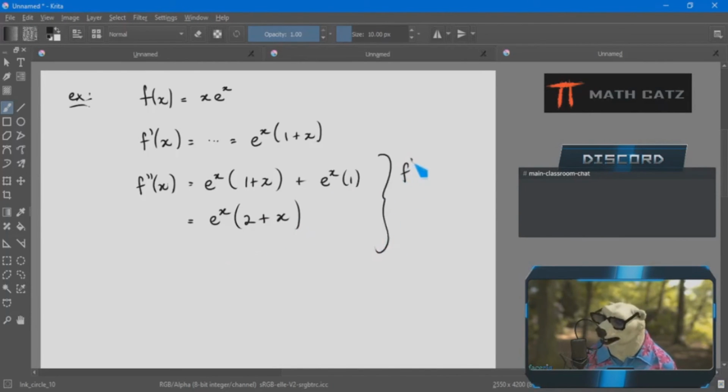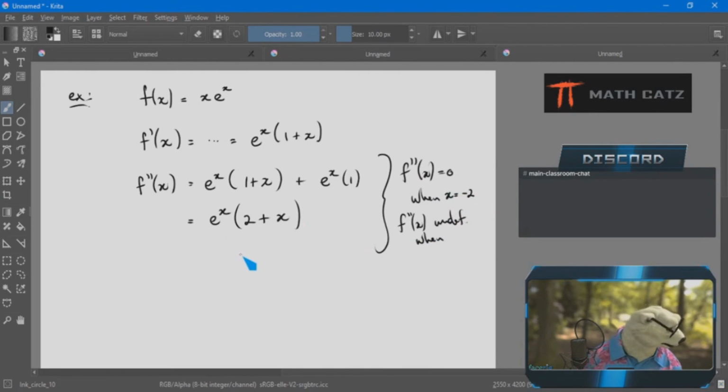That wasn't so bad, not at all. Out of this, I get the second derivative equaling 0, check. Second derivative undefined, check. Second derivative equaling 0, when one of these two guys equals 0. Well, from the bracket, I definitely get -2. And e to the x is 0 when?